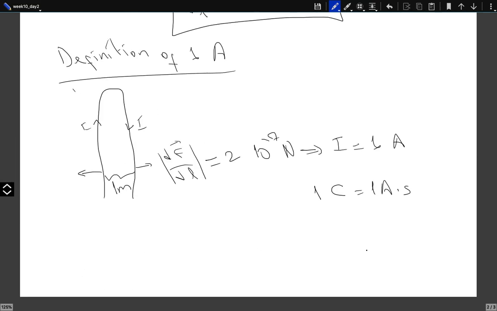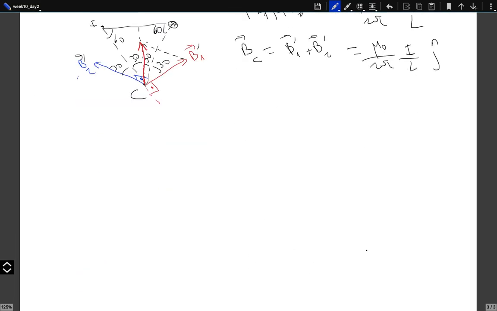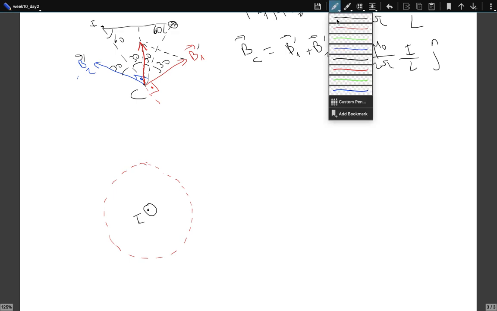Okay, so let's take a circle. Let's assume we have a current coming towards you. Let me take a circle around it. This is an imaginary circle, not a real one. It doesn't exist. Let's say that circle has a radius r.